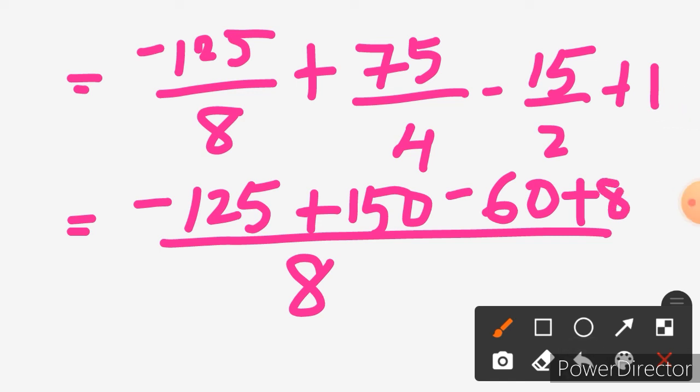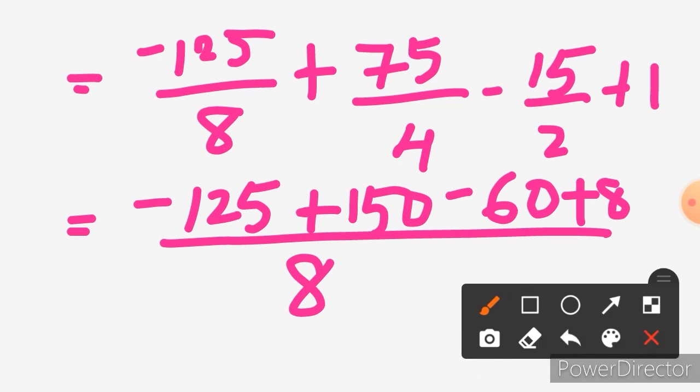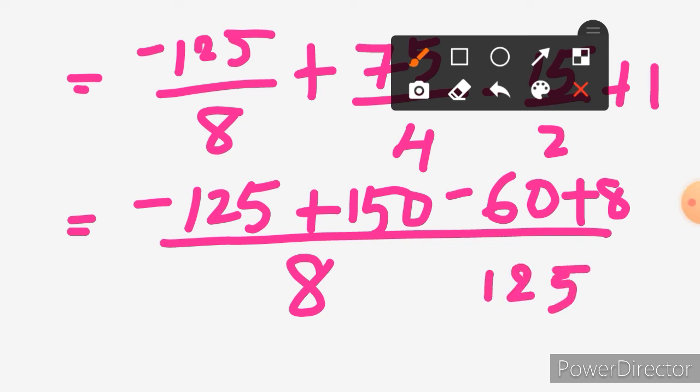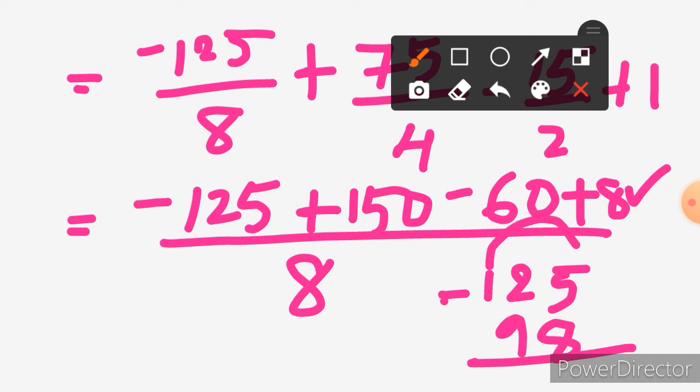When you simplify this, what will we get here? I'll subtract 150 minus 60, and I will get 90. So minus 125 plus 90 plus 8 is 98. When you subtract this, let us see. I should take one borrow, because I can't subtract 5 from 8 here.